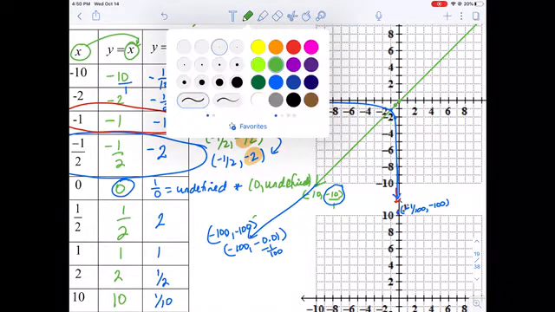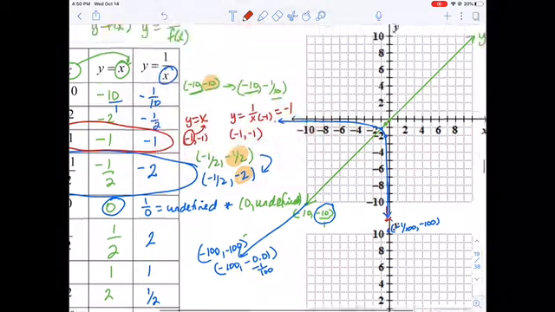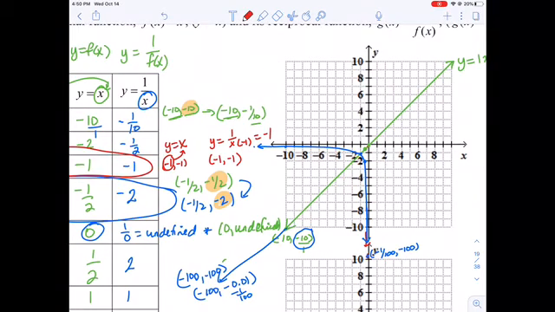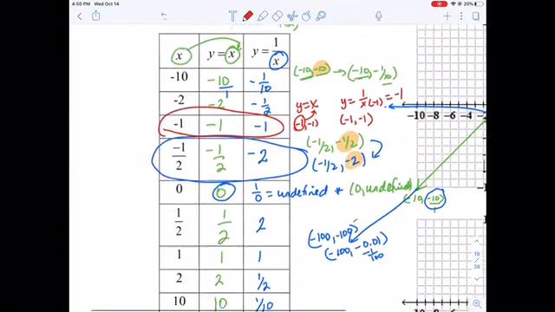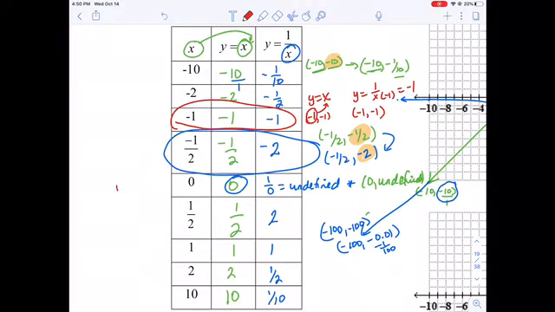Okay, and we find these undefined values right where y is equal to 0. And where is y equal to 0? Where y is equal to 0, which is on the x-intercepts, that's where we get a vertical asymptote.